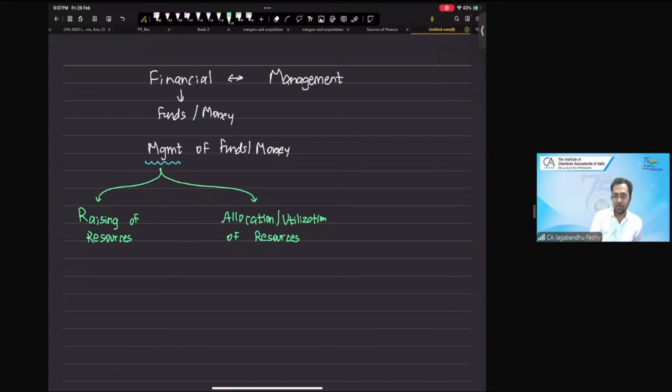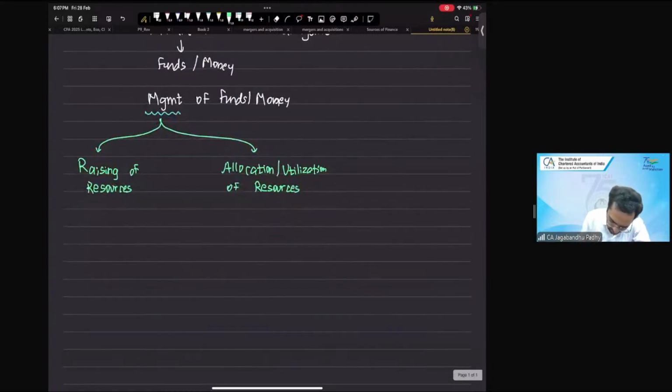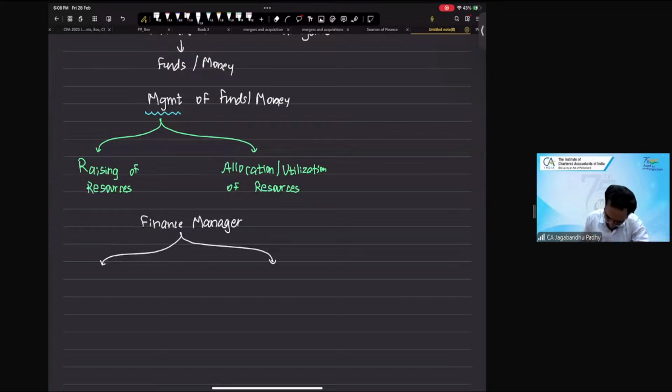Now coming to our dear finance manager. What activity would a finance manager do, right? So if I talk of a finance manager, it will also be undertaking two activities.